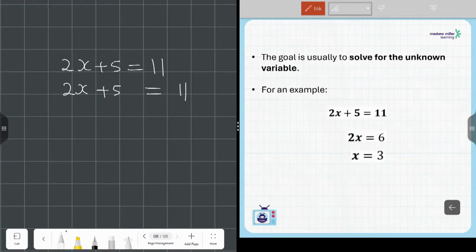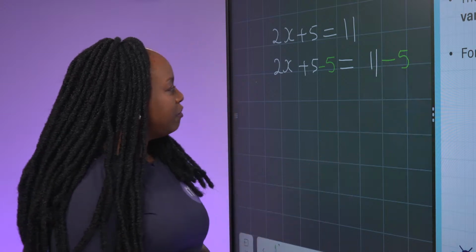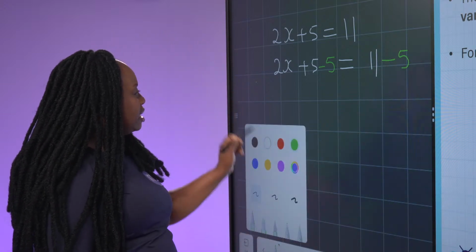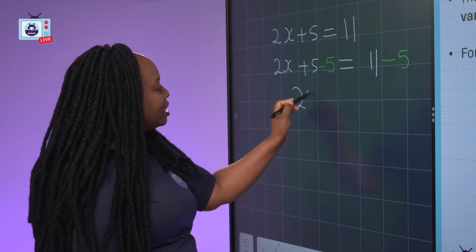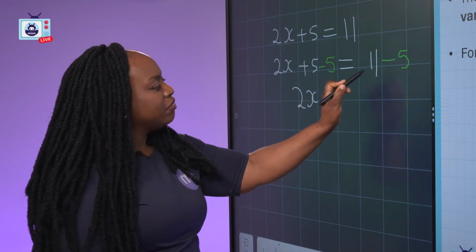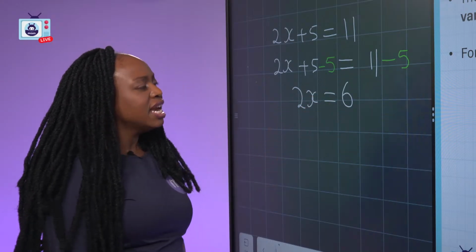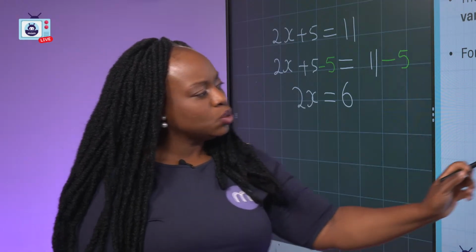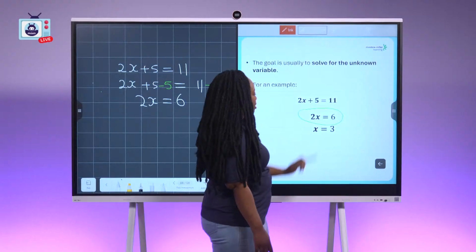We don't just take it and throw it. For us to take it away, we need to use the additive inverse, which is minus 5. But what we do on the left, we always must do on the right. So we subtract 5 on both sides, and then we remain with 2x equals 11 minus 5. That will be 6. So you'll see that's where this statement comes in, right?